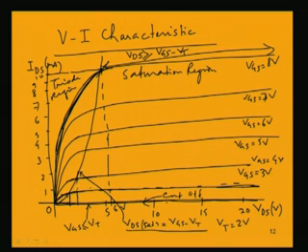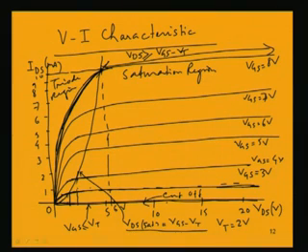If we keep one fixed, suppose we keep VGS fixed, we get a particular curve, and that will give you the idea about the saturation when it occurs, and we have seen that saturation occurs when the drain to source voltage is greater than or equal to gate to source voltage minus V threshold.